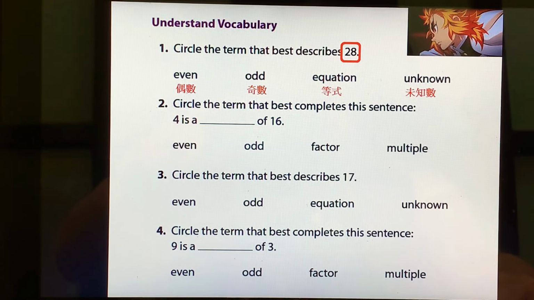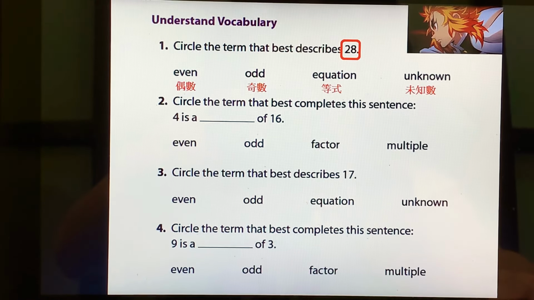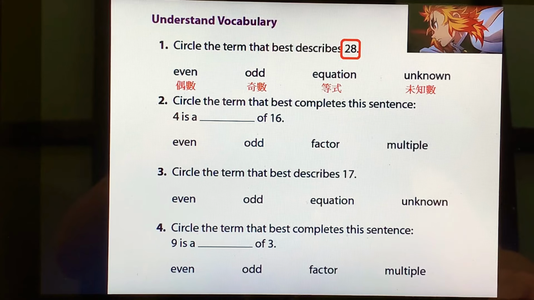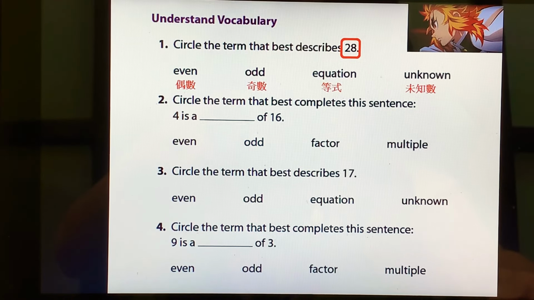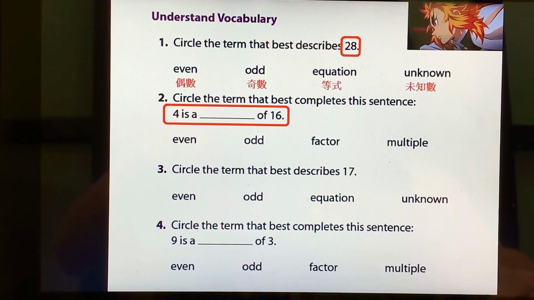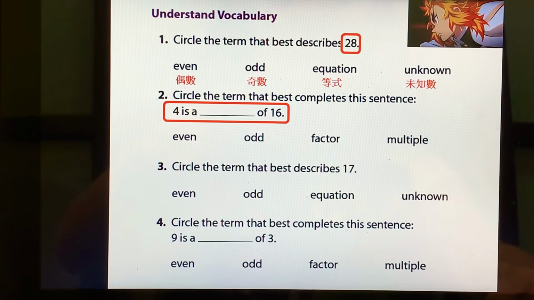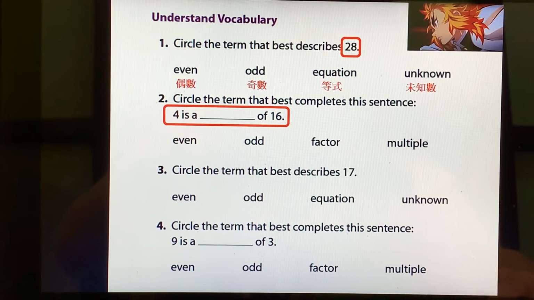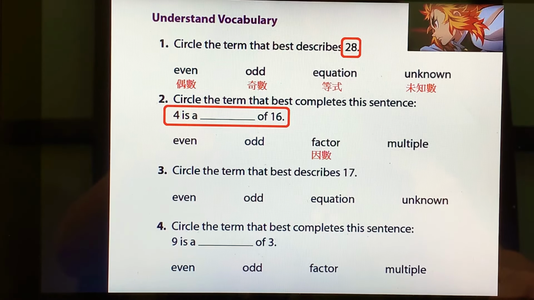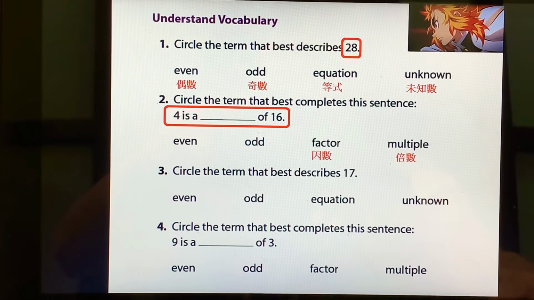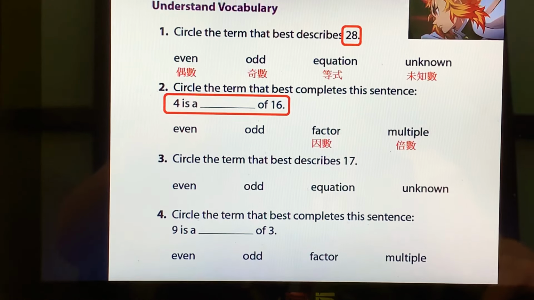Number 2. Circle the term that best completes this sentence. 4 is a blank of 16. Even, odd, factor, multiple. Number 3.